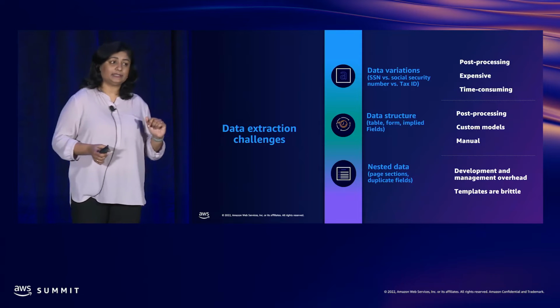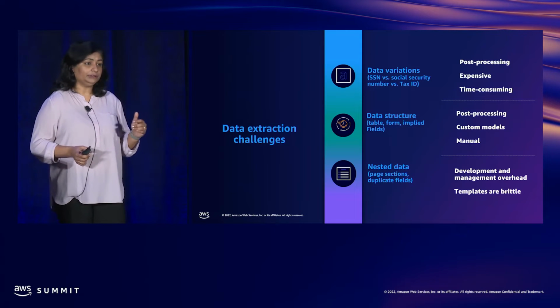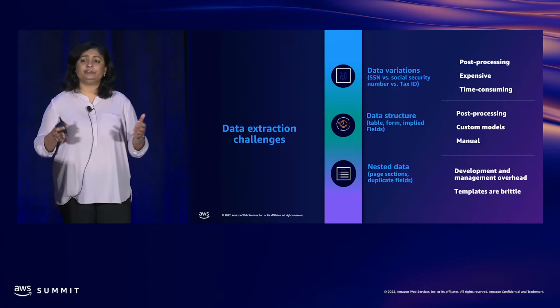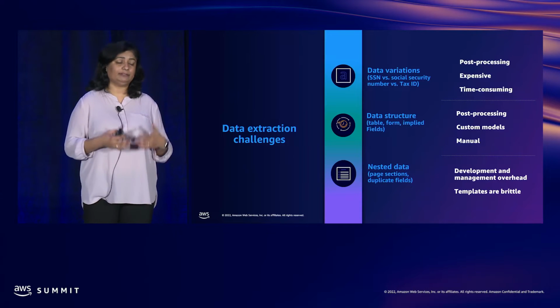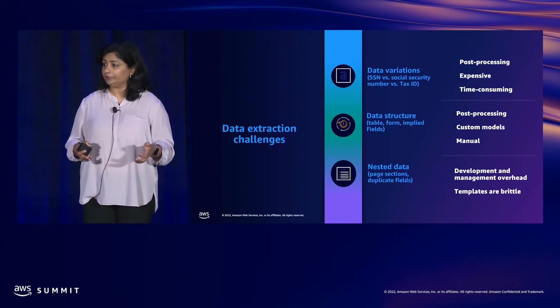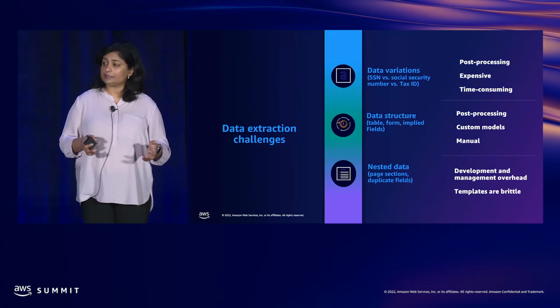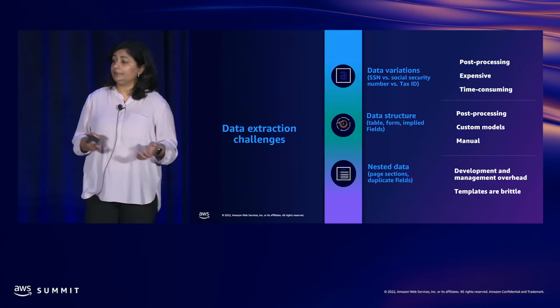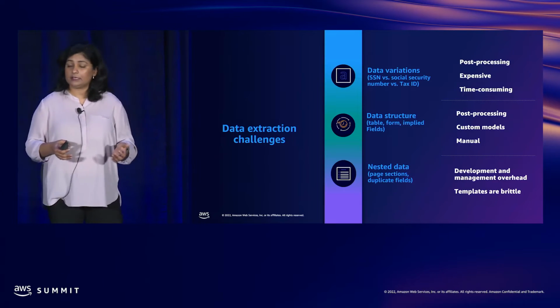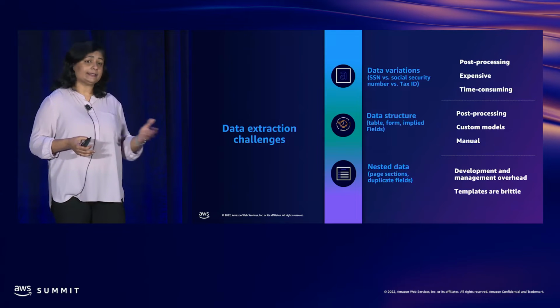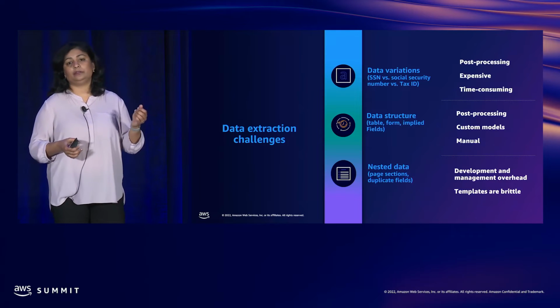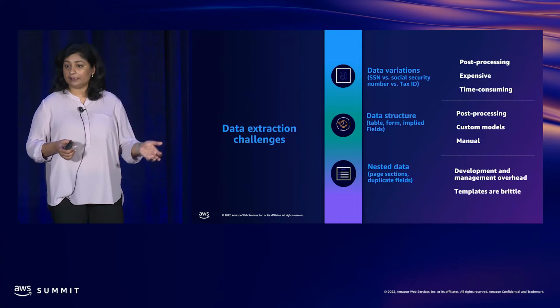The other challenge that they had was data variation. You get documents from different places. They originated, they're formatted, they're structured very differently. And when that happens, you don't know how they label those fields. The fields might be labeled as SSN or Social Security number or tax ID or EIN.